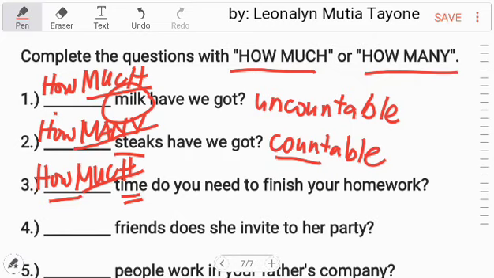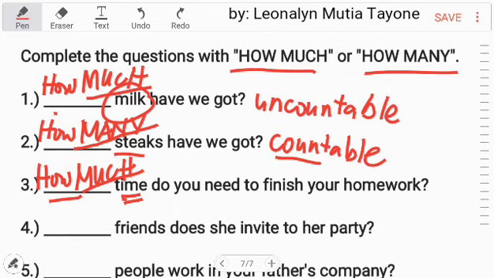When can we use how many when it comes to time? Remember yung examples natin regarding time. Kapag time lang, it should be how much time. But if it is hours, minutes, how many? Pero kung time lang, how much?